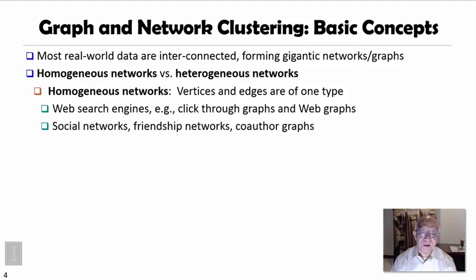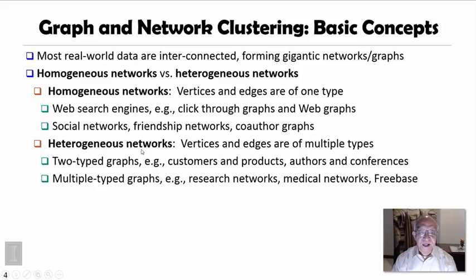Homogeneous networks are those whose vertices and edges are of only one type. For example, for web search engines, we look at click-through graphs or web page graphs. They are of one type. For social networks, friendship networks, and co-author networks, they also have one type of vertices and edges.